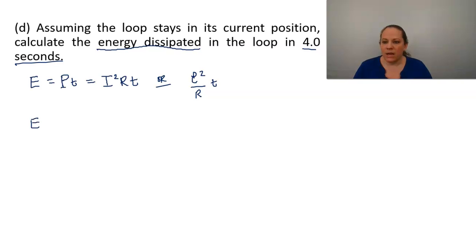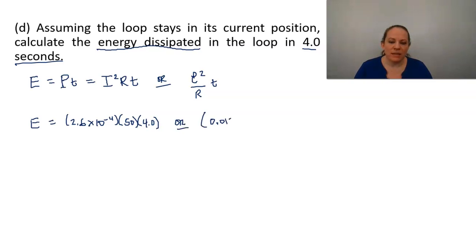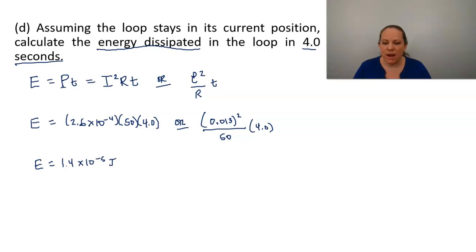So when we do our substitutions, we're going to have our 2.6 times 10 to the minus 4th squared times 50 ohms times 4.0 seconds. Or we will have our 0.013 volts squared divided by 50 ohms times that 4.0 seconds. And in either case, we are going to get 1.4 times 10 to the -5th joules.